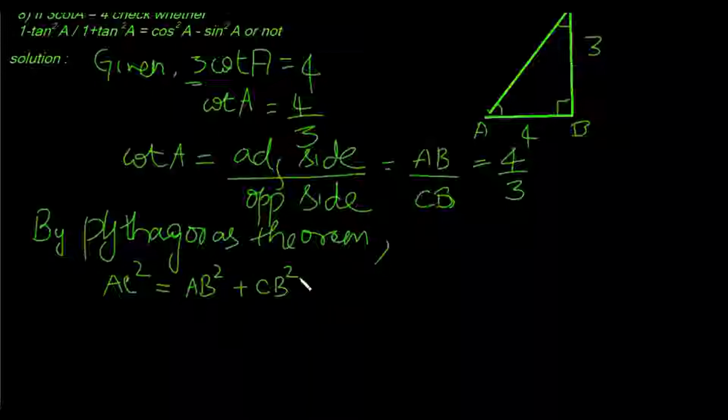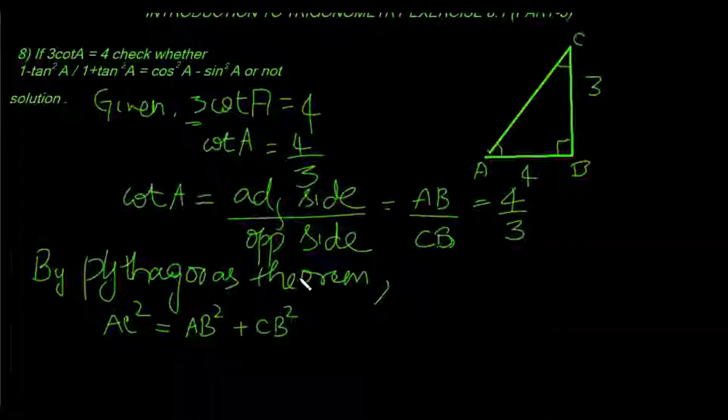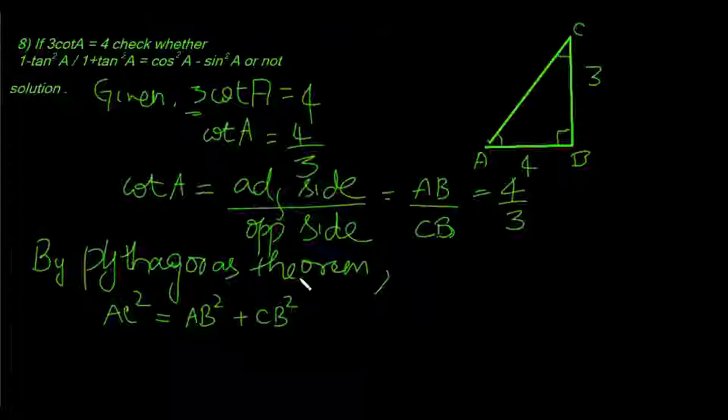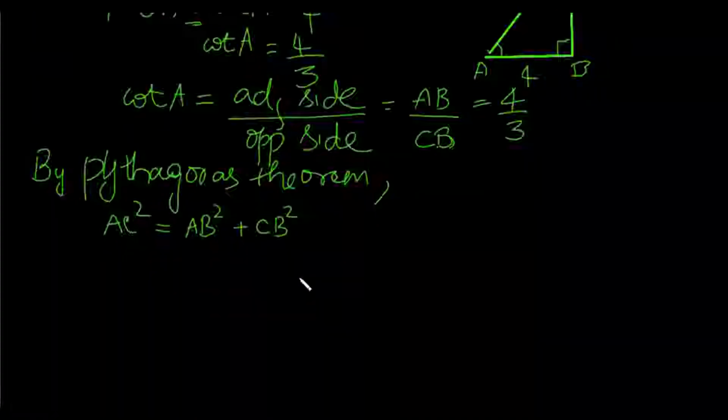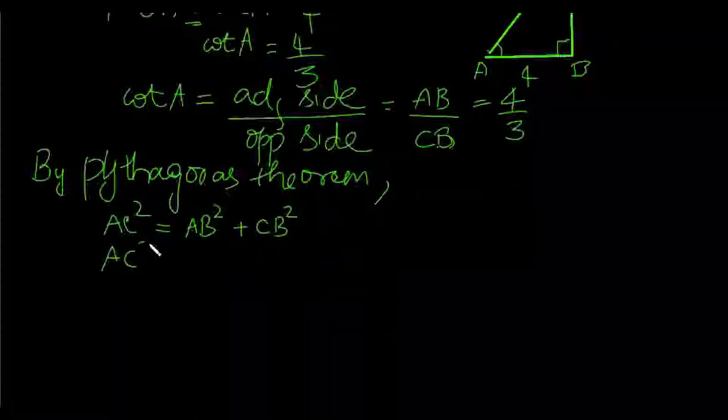From the diagram we know that AB and CB values are already given, so let's enter them in the equation. AC square is equal to 4 square plus 3 square. That's equal to 4 square is 16 plus 3 square is 9, so 16 plus 9 is going to be 25.